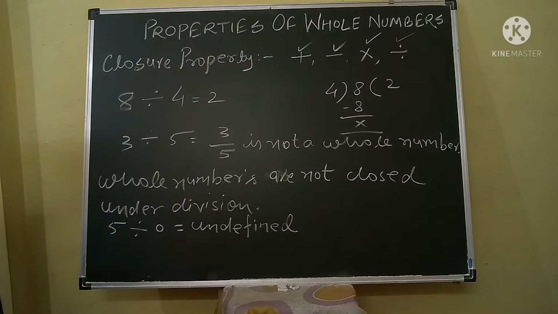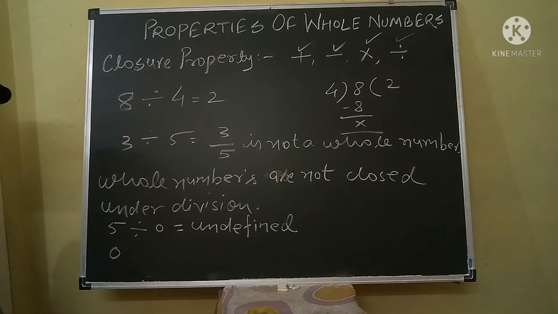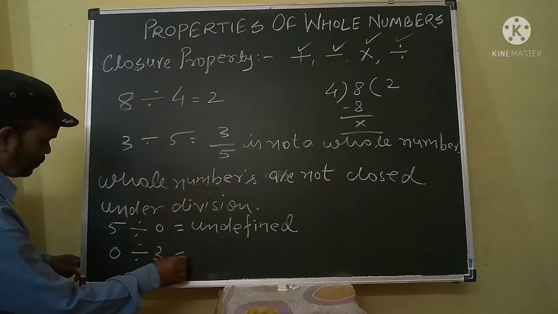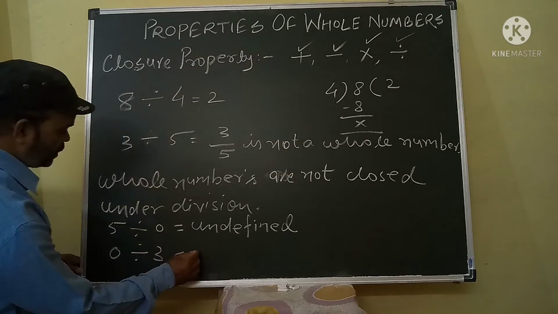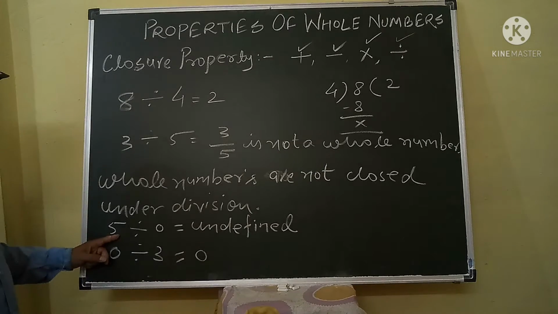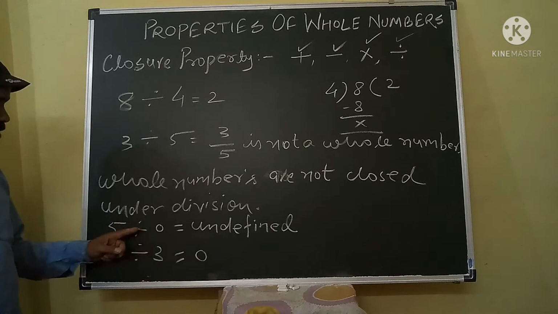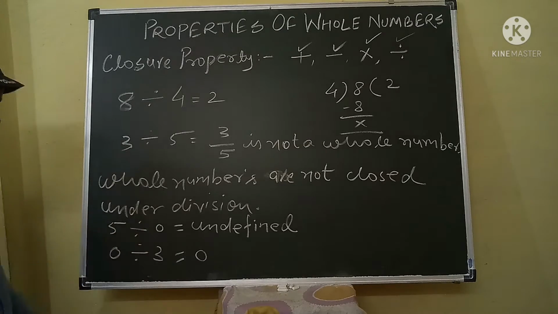In the second example, suppose this is 0 divided by 3. 0 divided by 3 gives you 0. But 5 divided by 0 gives an undefined value, which means this type of division is not possible.